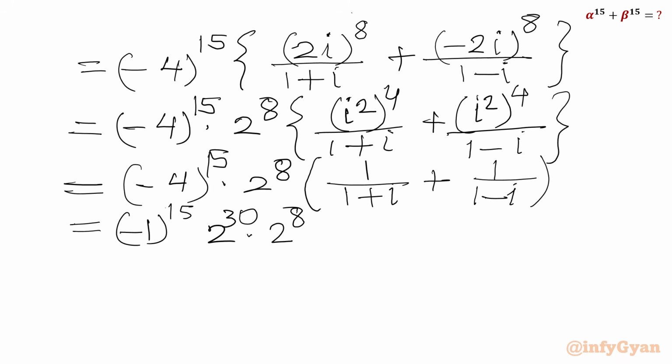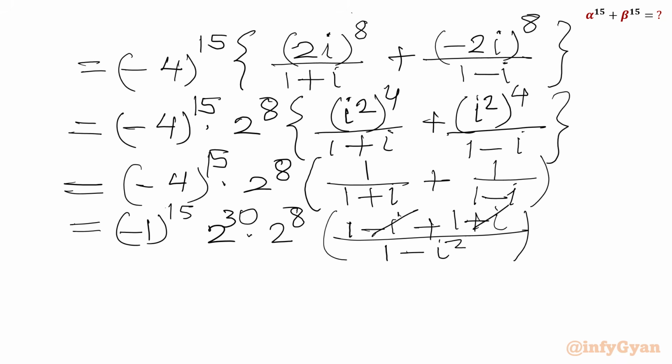And once I take LCM, I will write 1 minus i plus 1 plus i over 1 minus i square. So plus and minus i will be cancelled out, and denominator will be 1 plus 1. Numerator is 2. So I can write minus 1 with odd power will be minus 2 power 38.